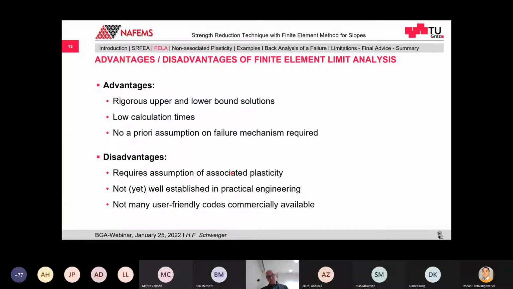I would say it's not yet well established in practical engineering because there are not too many user-friendly codes commercially available. There are, however, some codes available, and you can use them for defining factors of safety in a very reliable way.